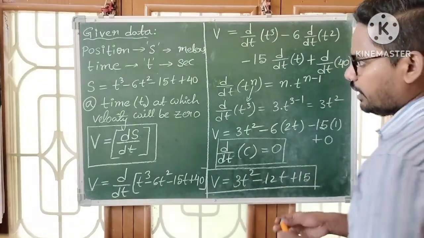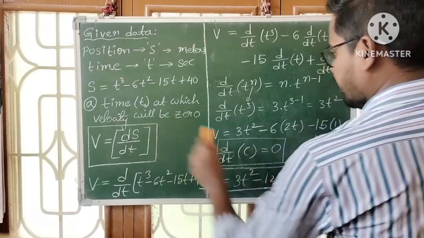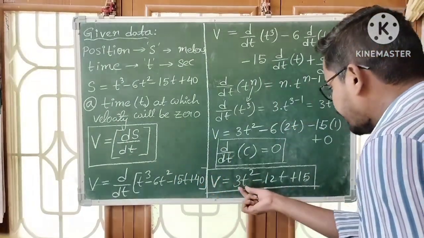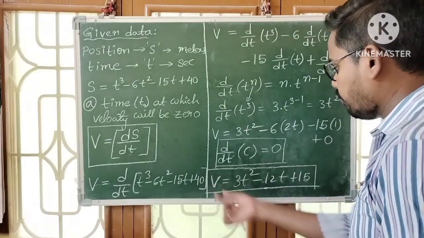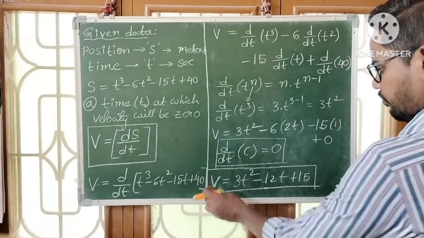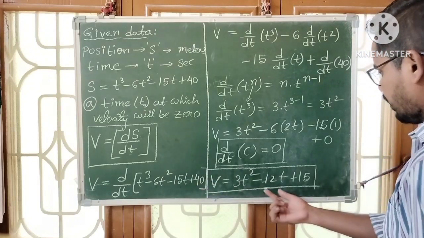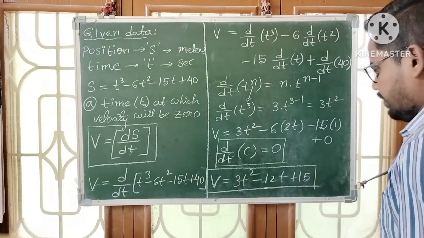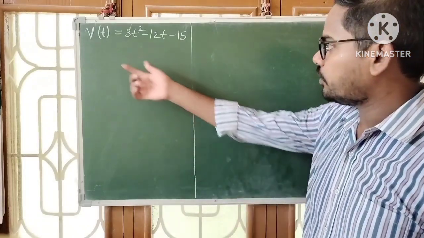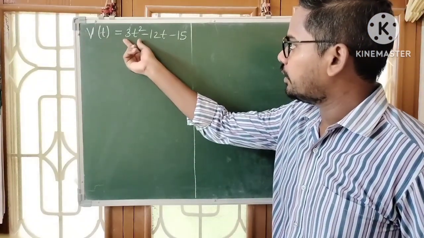Okay, this is the equation of velocity in terms of time. Now we have to find the time at which velocity will be 0. So we have to find at what time the velocity of the particle is 0. Let us consider v is equal to 0. Put v is equal to 0, then we will get the time t. In the last step, we got a relationship between velocity and time.